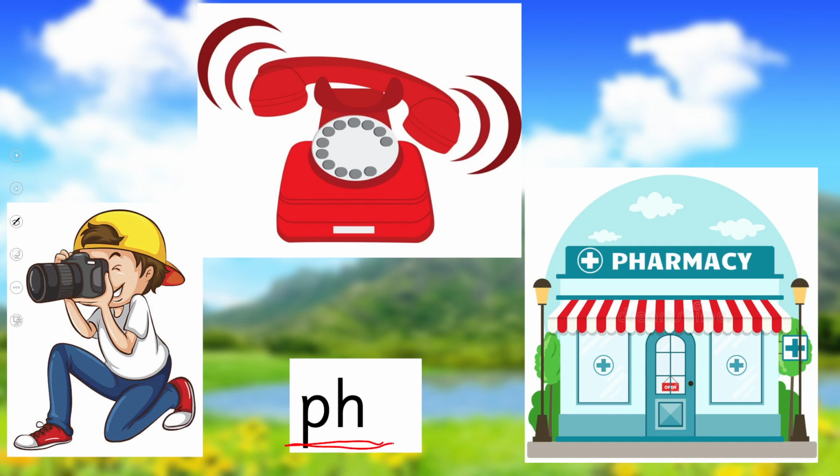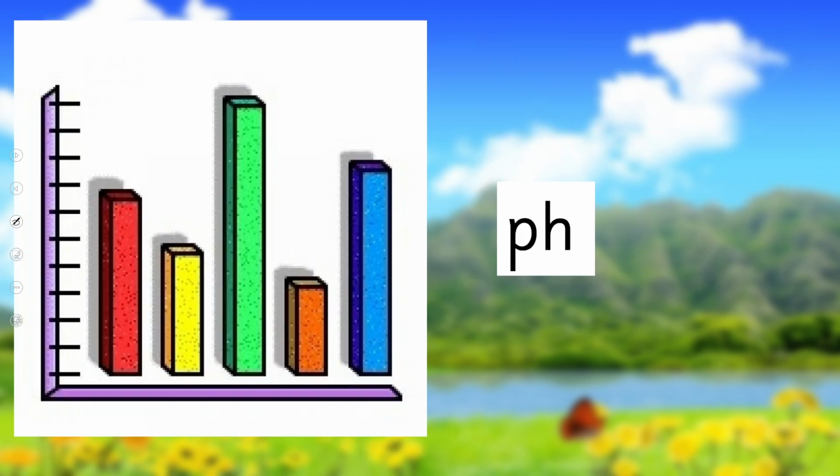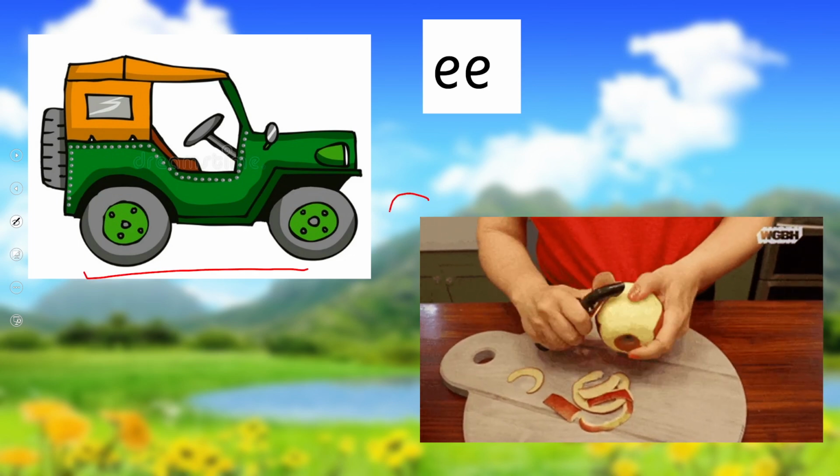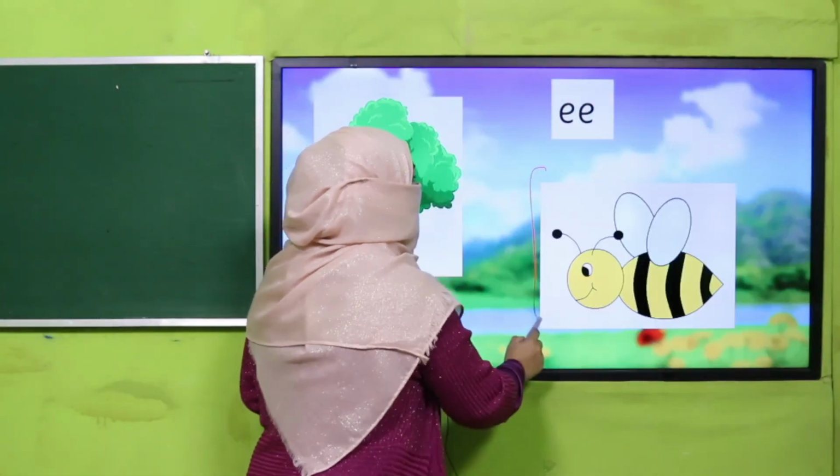Now what this digraph sounds like, as in telephone, pharmacy, photo or photographer, trophy, dolphin, graph. Then jeep, and peel, like to peel, tree, bee.